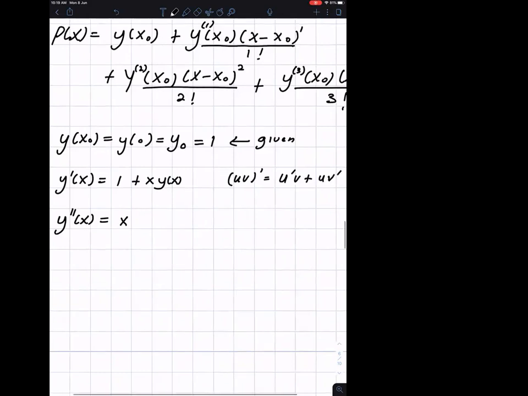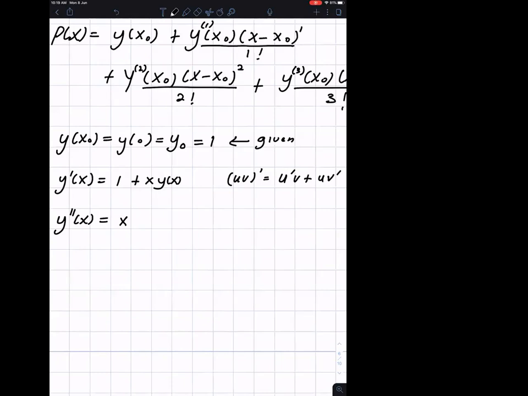You take the derivative of one and multiply by the other without differentiating it, plus you take the derivative of the other and multiply by the first.